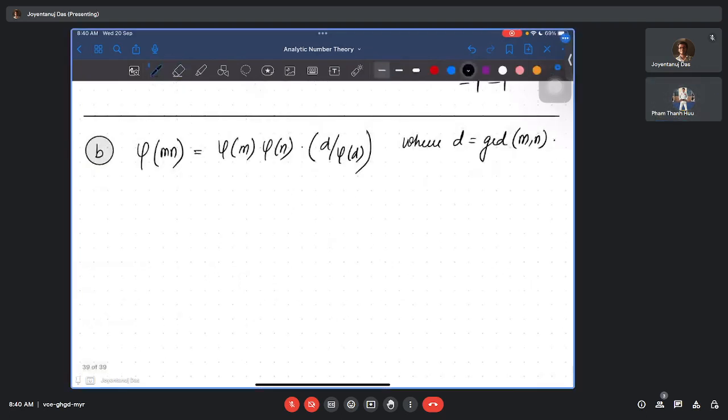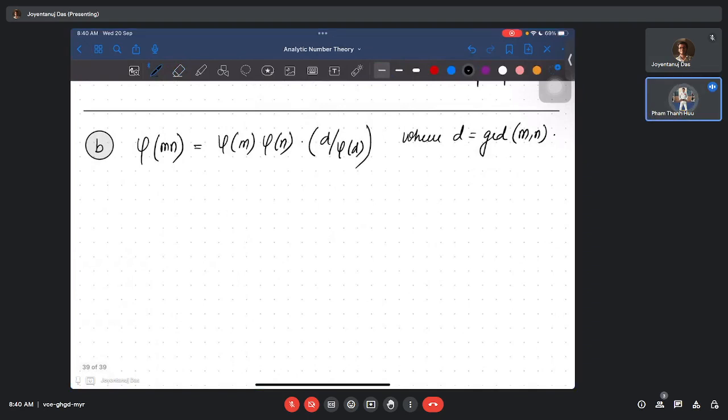So this is the formula. Let us see how to do it.